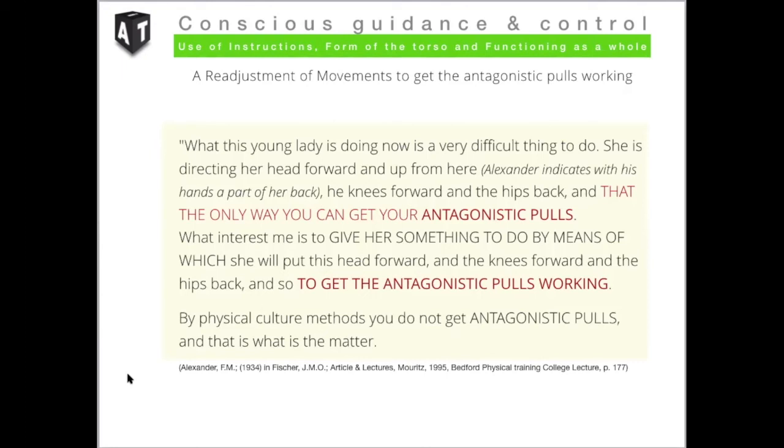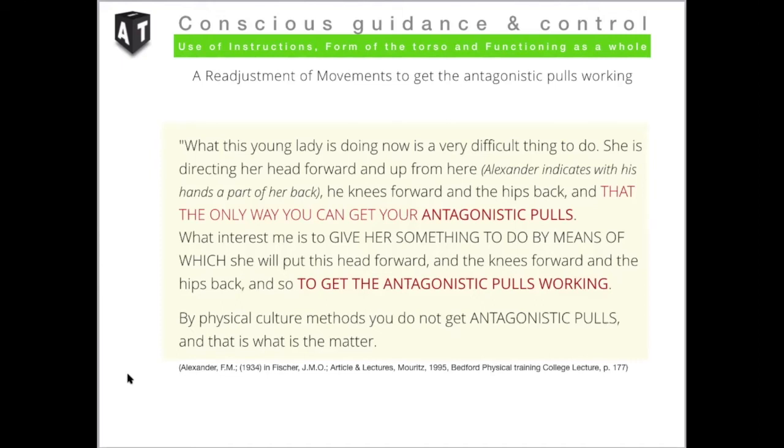Before I explain, I need to explain that he's performing in front of a public with a young lady, and is requesting the young lady to go up on the toes. That's where we are. What this young lady is doing now is a very difficult thing to do.